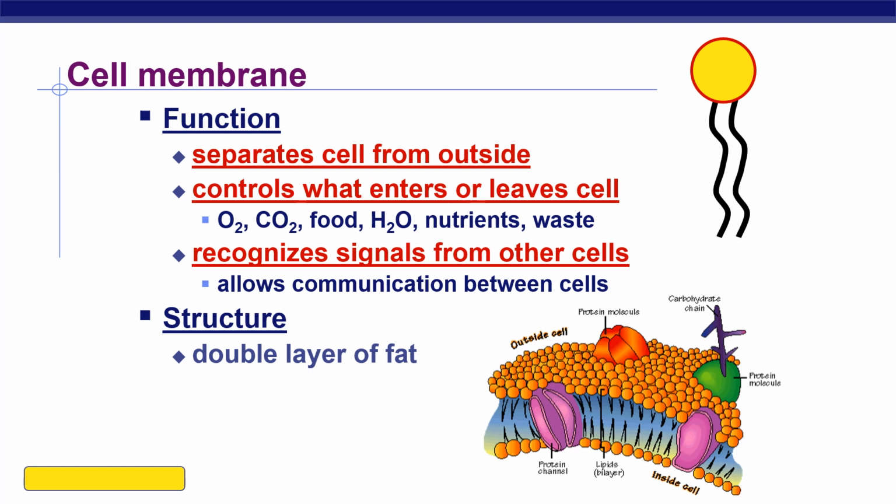And let's find out why it's fat. This is what we call the phospholipid bilayer. So if I'm going to ask you later on the structure of the cell membrane, you may say it is made up of a double layer of fat, or what we call the phospholipid bilayer.